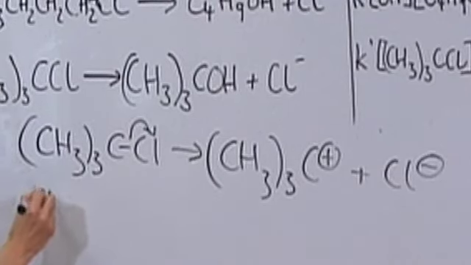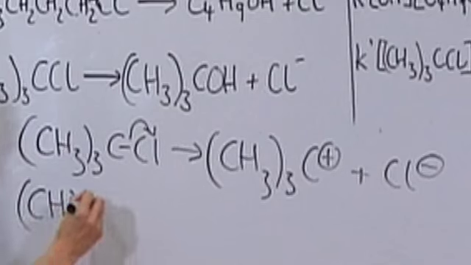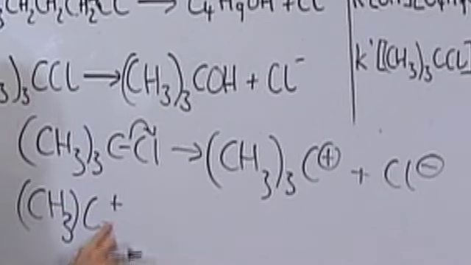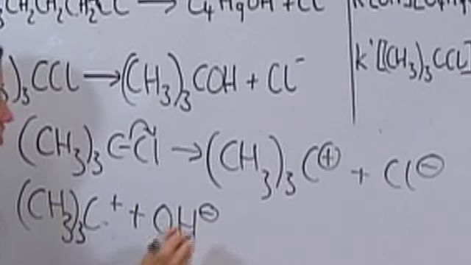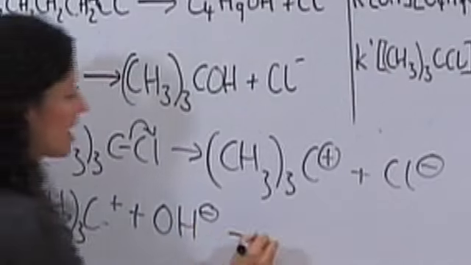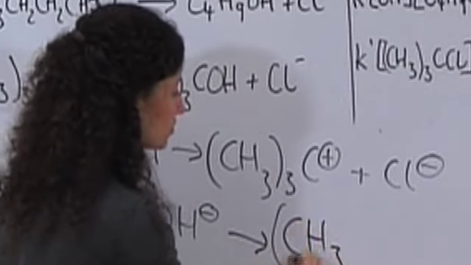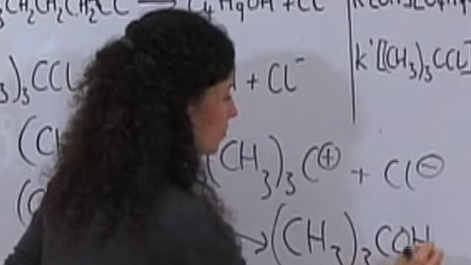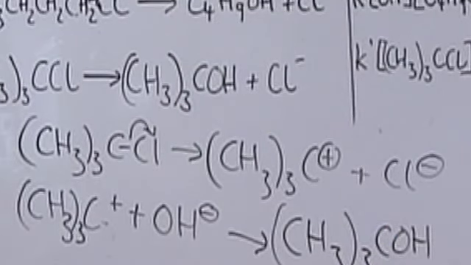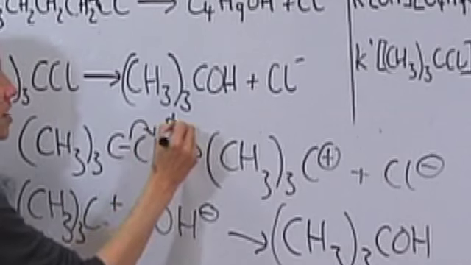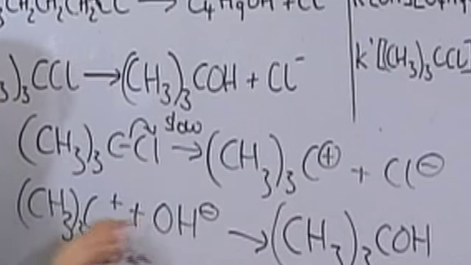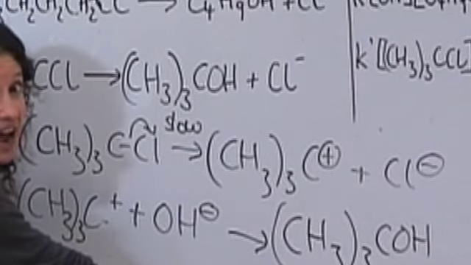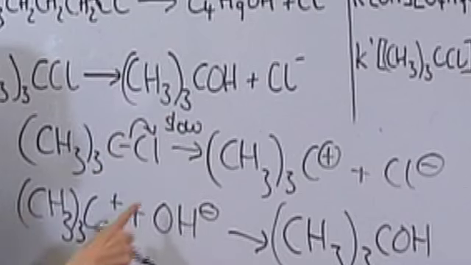In the second step, our cation becomes susceptible to attack by OH, and this gives our final product. The first step is the slow step in this series, and since this has to form before we can form our final product for the reaction, we say that this is the rate determining step for the whole reaction.